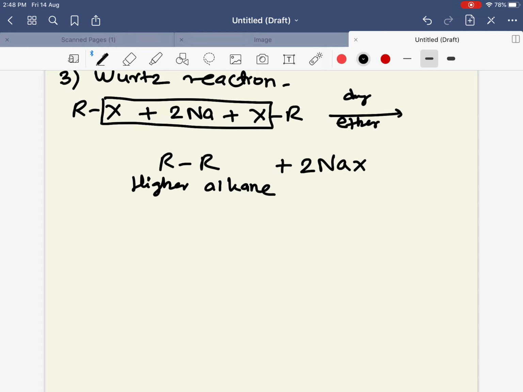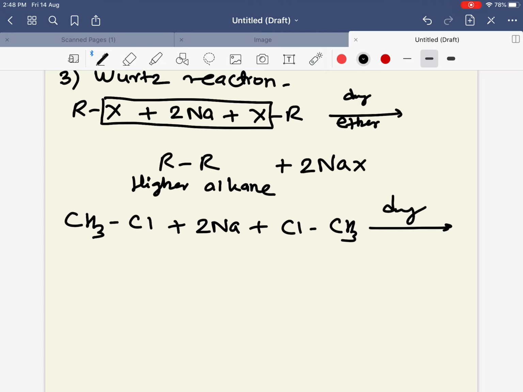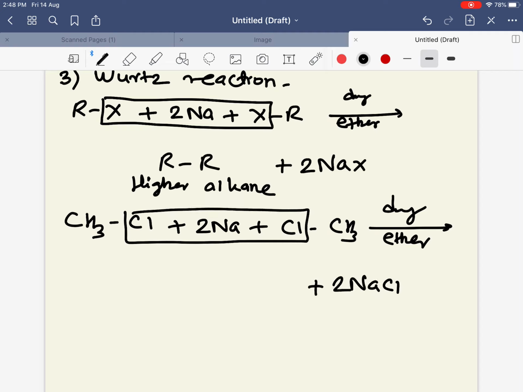Suppose I take methyl chloride. 2 molecules of methyl chloride is reacted with sodium metal in presence of dry ether. The byproduct obtained is sodium chloride, 2 molecules of NaCl, and the product obtained is CH3CH3, that is C2H6 or ethane.